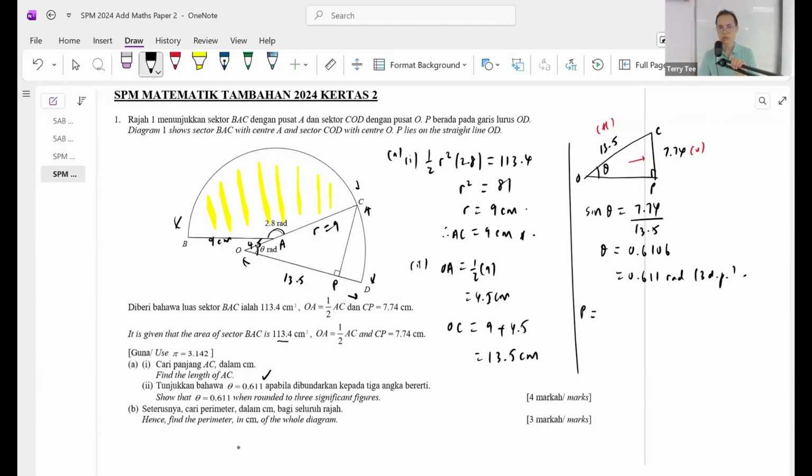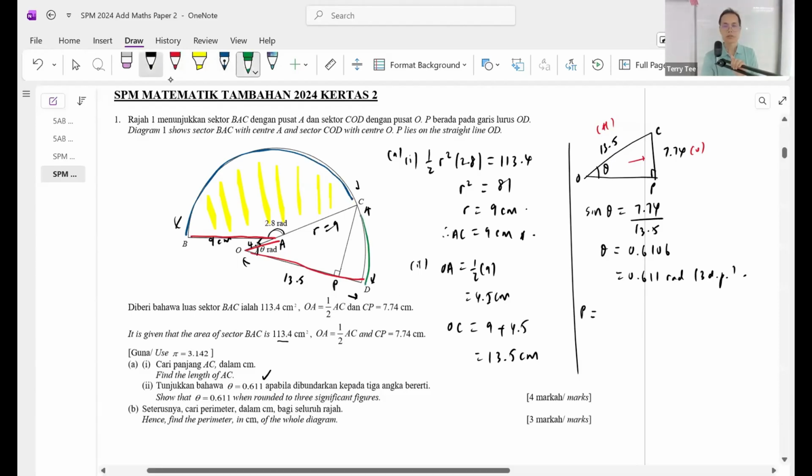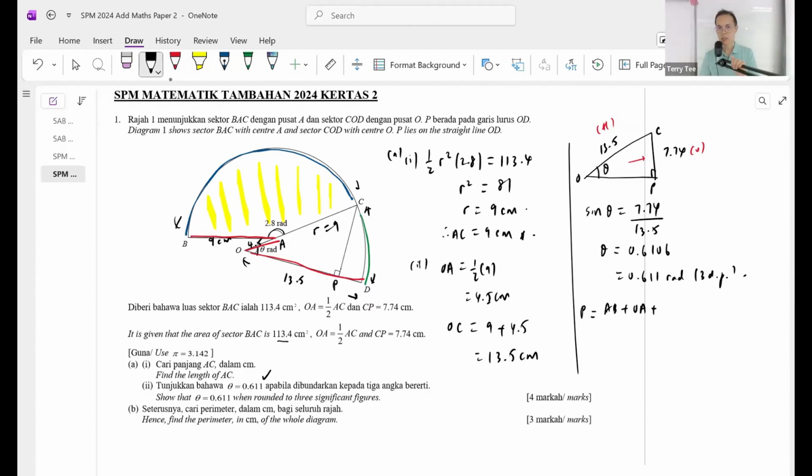So remember your perimeter. We start with 9 plus another 4.5 plus another 13.5. Then you add this arc, add another arc. Maybe I write for you. First, we take AB plus OA plus, third one is OD.